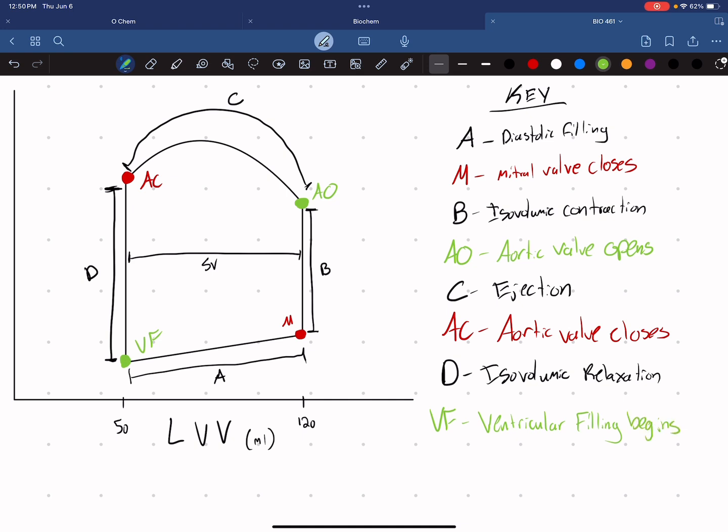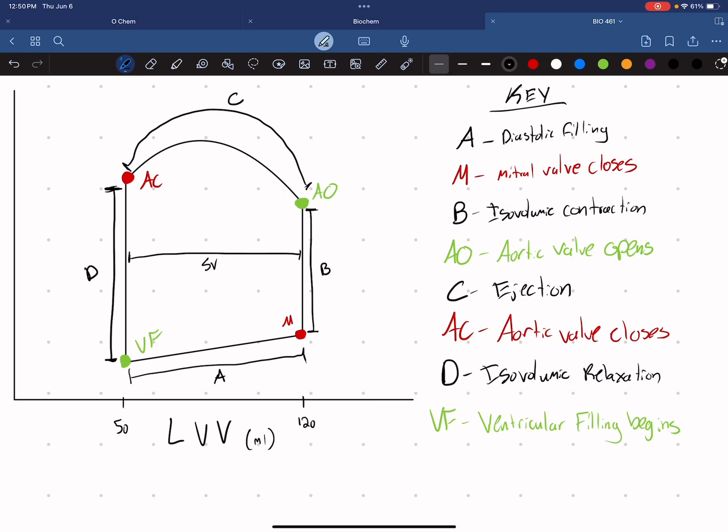So this is the cycle, the loop that represents a cardiac cycle. From A, we have the filling of the ventricles. We see the volume and the pressure increasing. When the mitral valve closes, meaning that the pressure changes, the pressure goes up as the ventricles contract, pumping the blood into the aorta at this AO intersection.